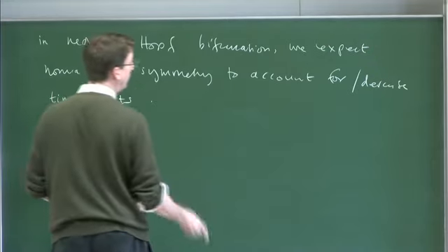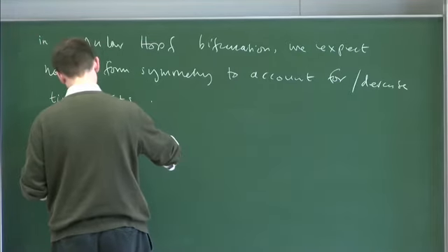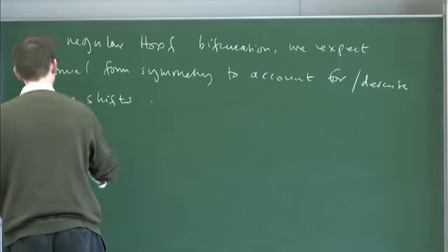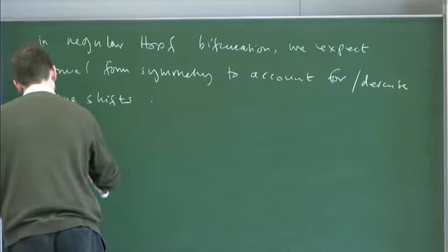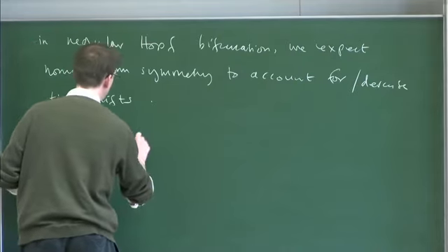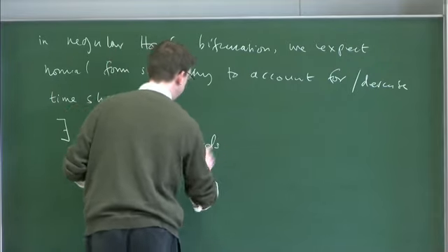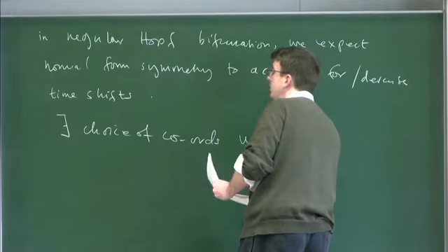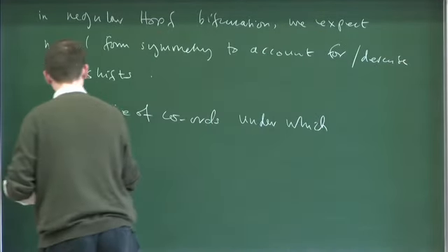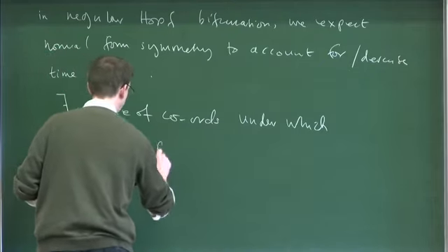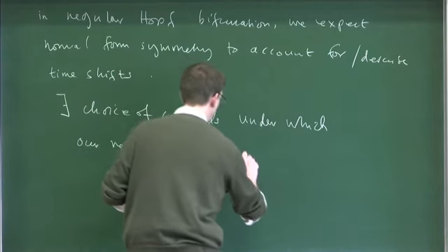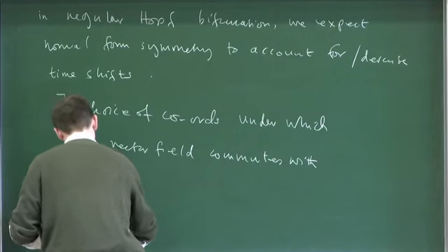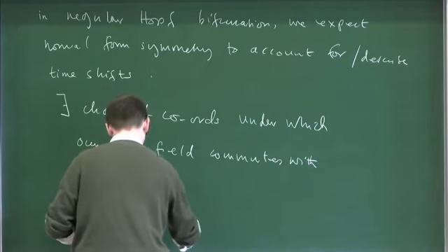So in nice coordinates, there's a choice of coordinates under which our vector field commutes with a normal form rotation matrix.